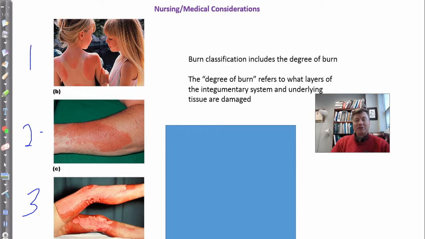This kind of burn typically is going to require some grafting or some kind of scar prevention, because it's a lot of tissue to replace, and connective tissue will often get in there and create scarring. So that is a third degree burn, or it's also referred to as a full thickness burn.